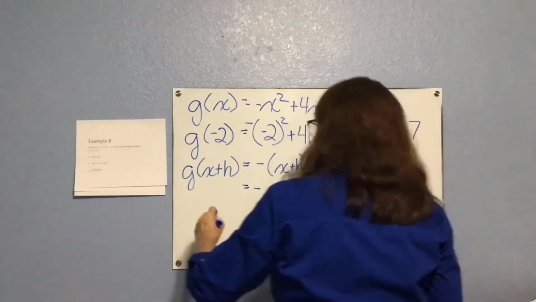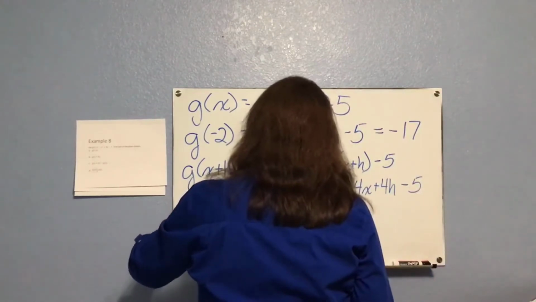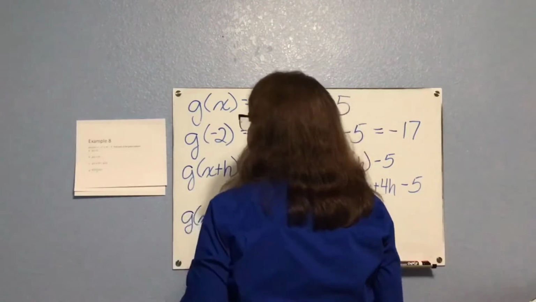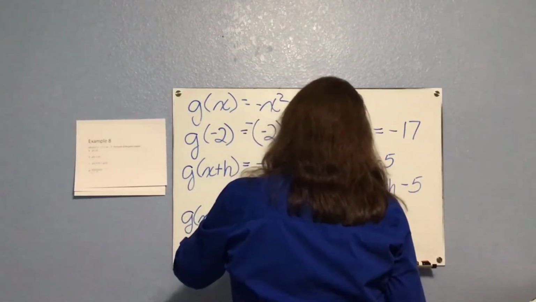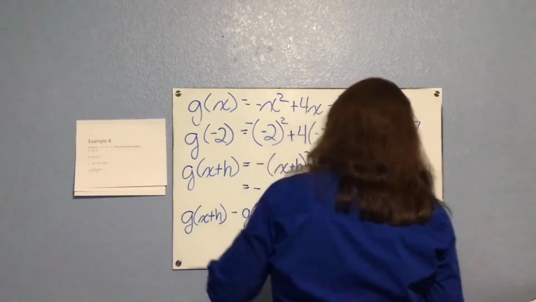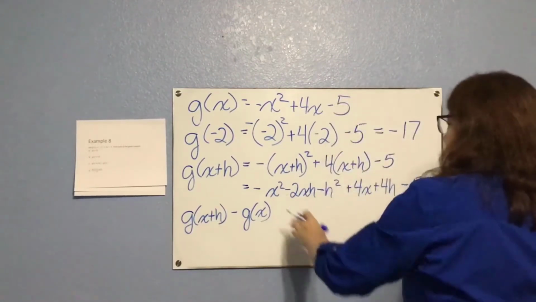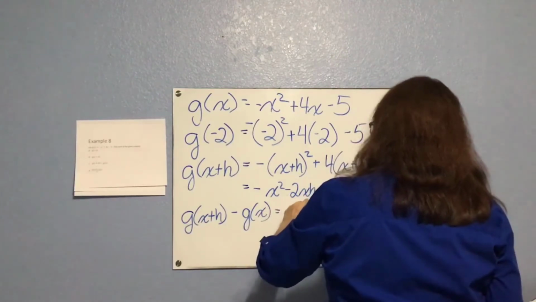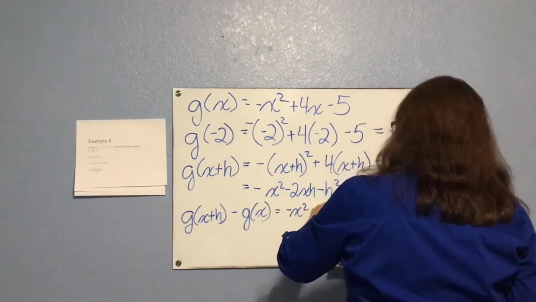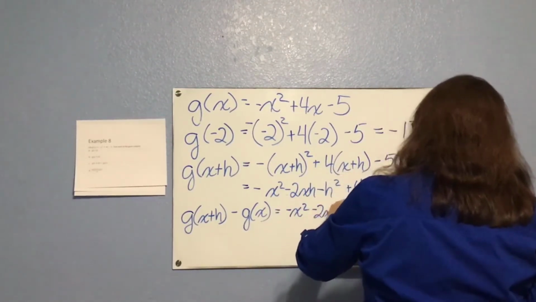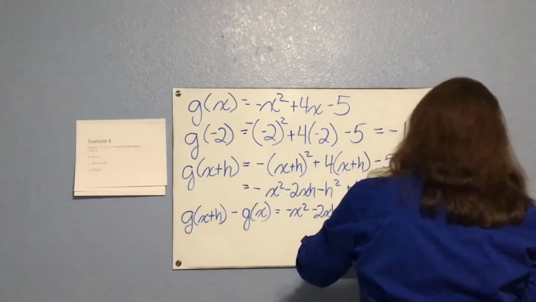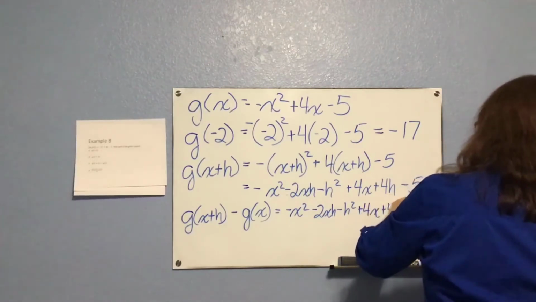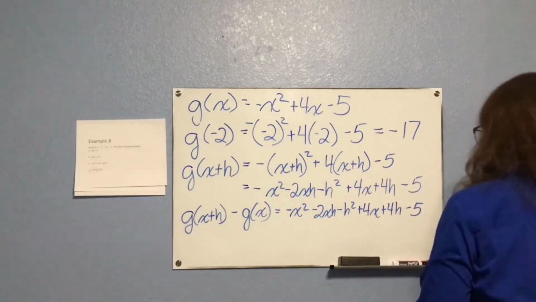We're going to take this a step further now and do g of x plus h minus g of x. So I'm just going to take my answer from the last part, negative x squared minus 2xh minus h squared plus 4x plus 4h minus 5.